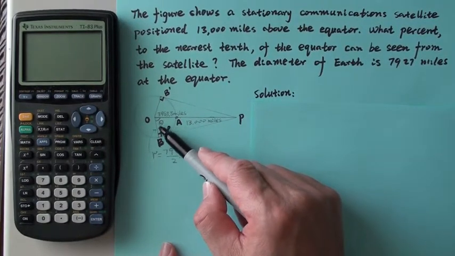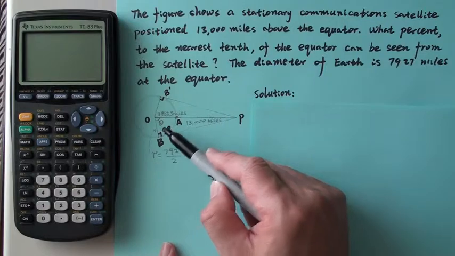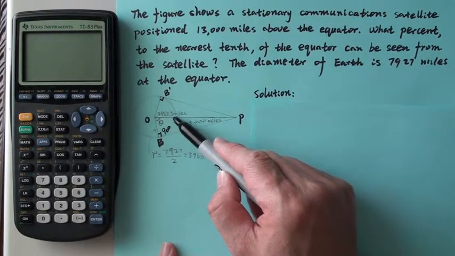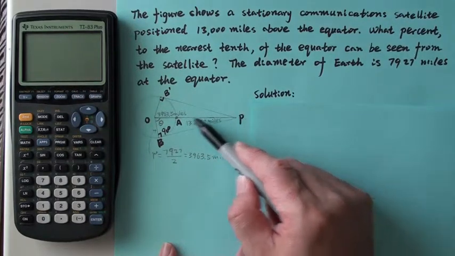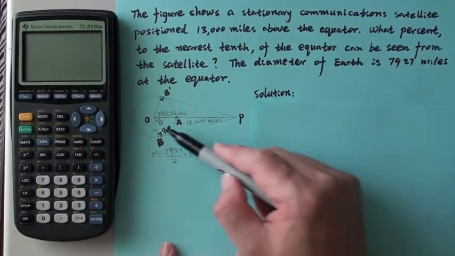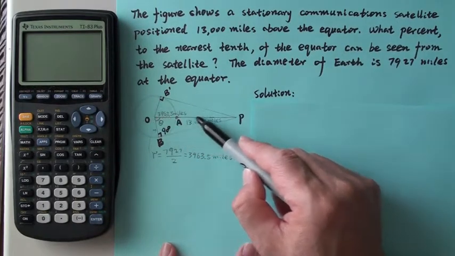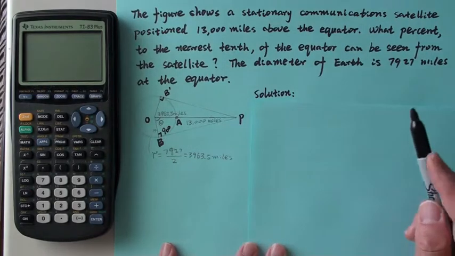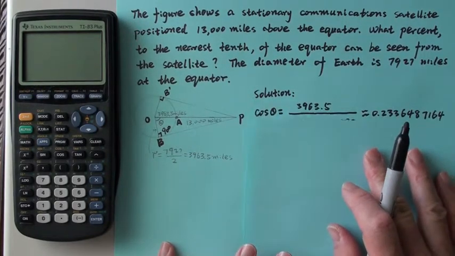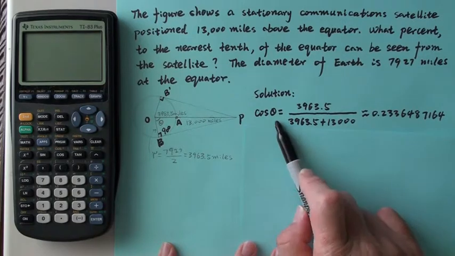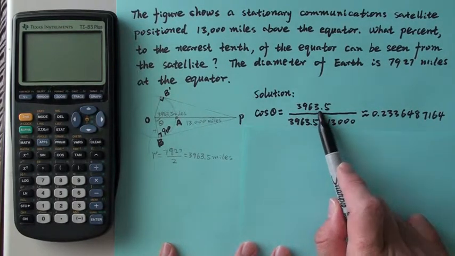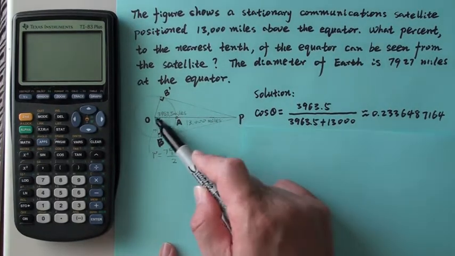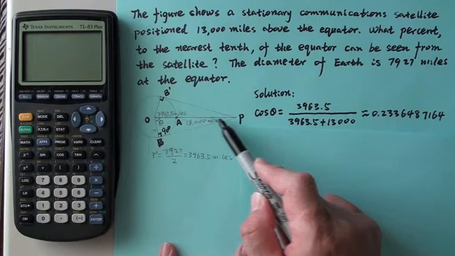If we name this angle theta, then the radius over this part, the length of PO, will be one leg over the hypotenuse. This will be cosine theta. So cosine theta is 3963.5 over the sum of these two segments, OA and AP.